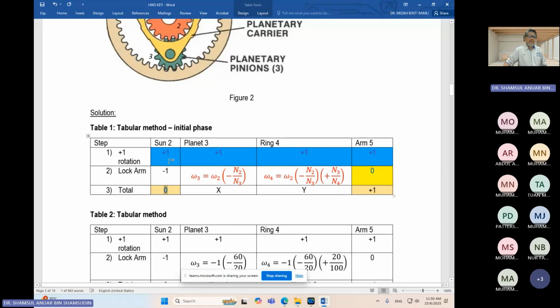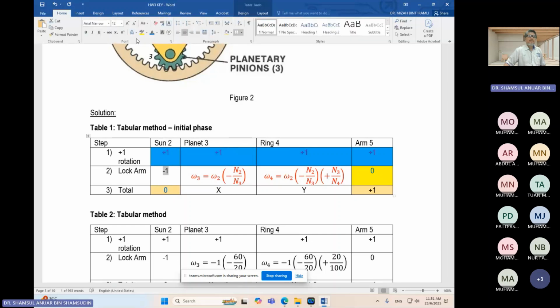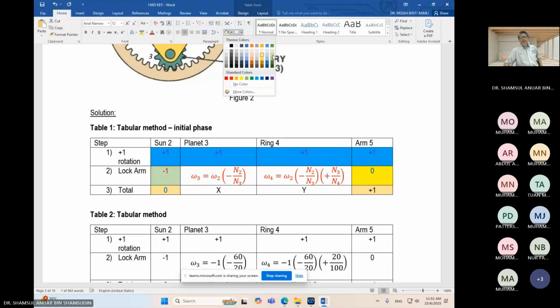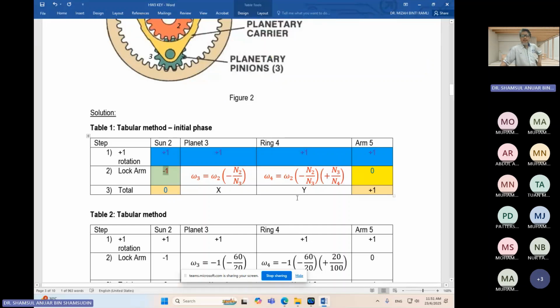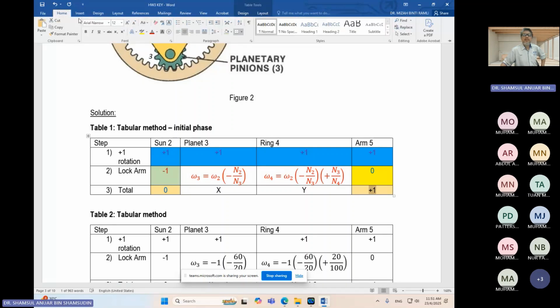Then you see in the second, in order for the sun gear to be 0, if this is a +1, this one will be a -1. So now you can decide that, and I guess over here also you can do the same thing.